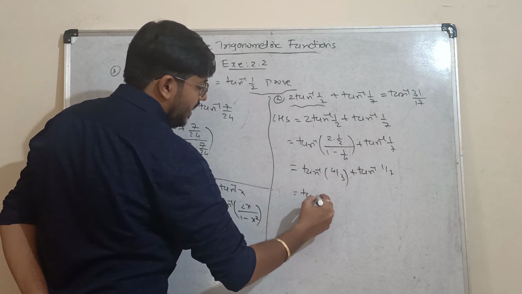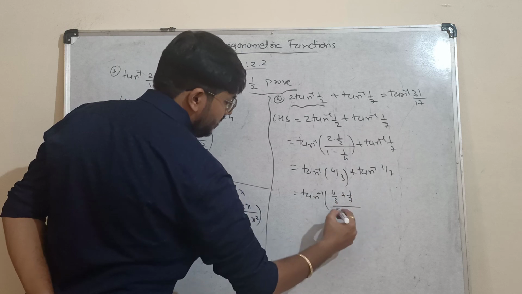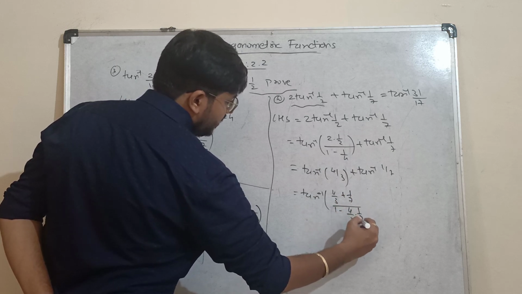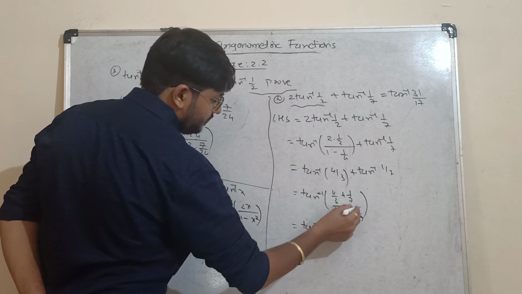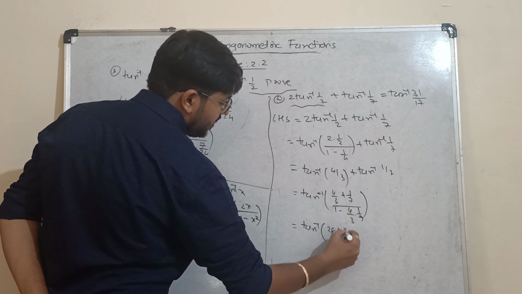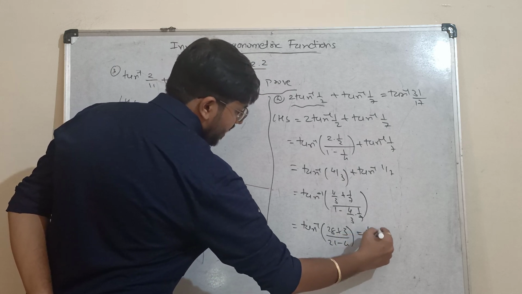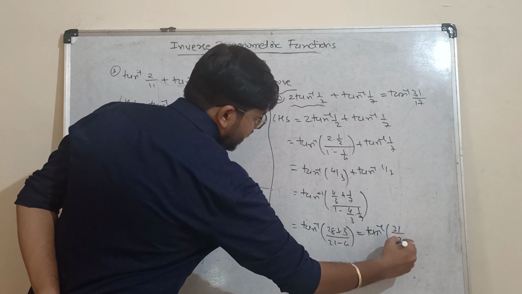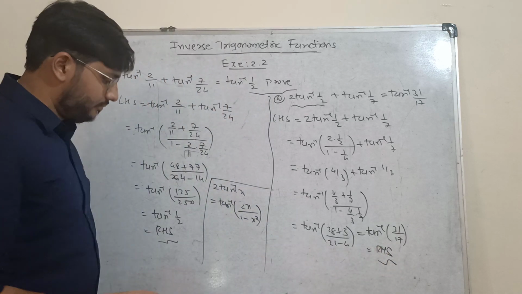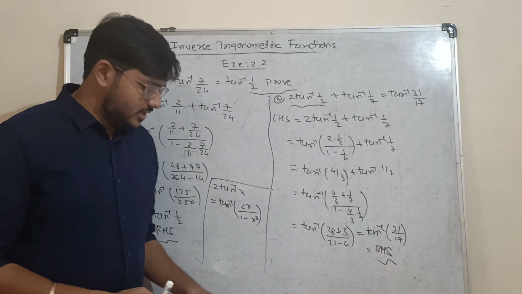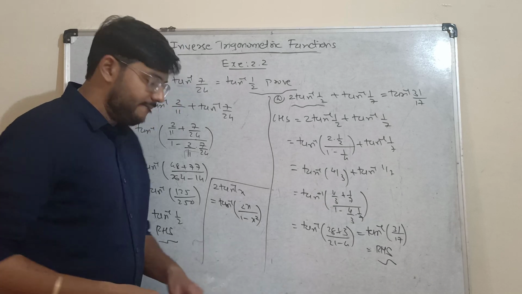Now apply the equation again: tan inverse of (4/3 plus 1/7) upon (1 minus 4/3 times 1/7). So it's tan inverse of (28 plus 3) upon (21 minus 4), which is tan inverse 31 by 70, equal to RHS. Right? Clear with this? Okay.